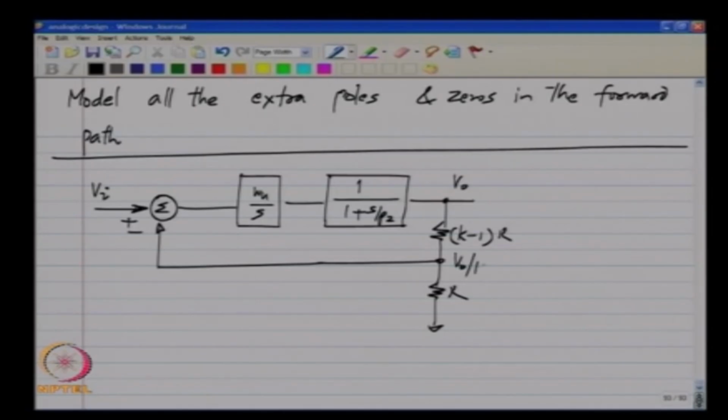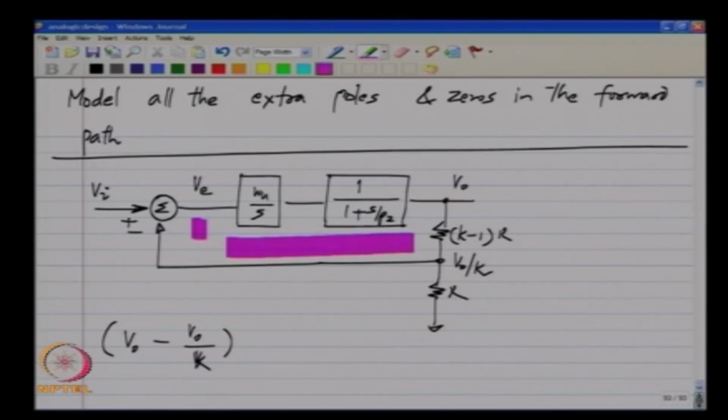The voltage divider gives an output V naught by K, and I have to take the difference V I minus V naught by K. So, that is the voltage here, and clearly V E times the transfer function of this whole thing equals V naught. So, this voltage times omega u by S times 1 by 1 plus S by P 2 equals V naught.